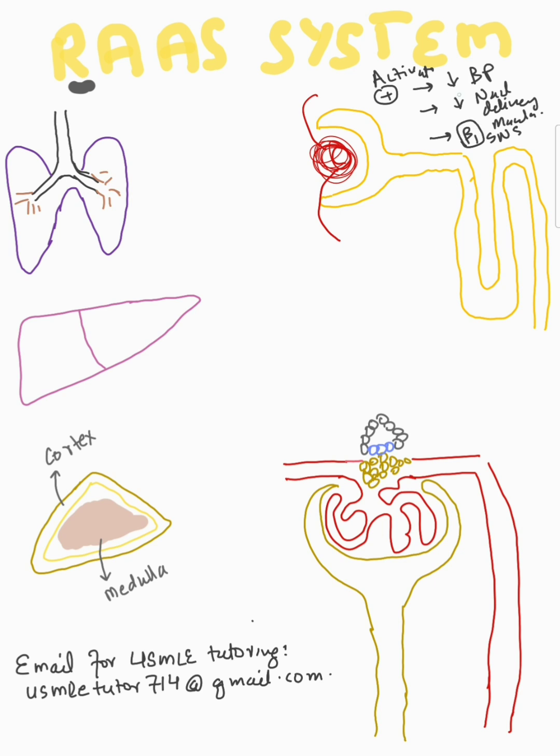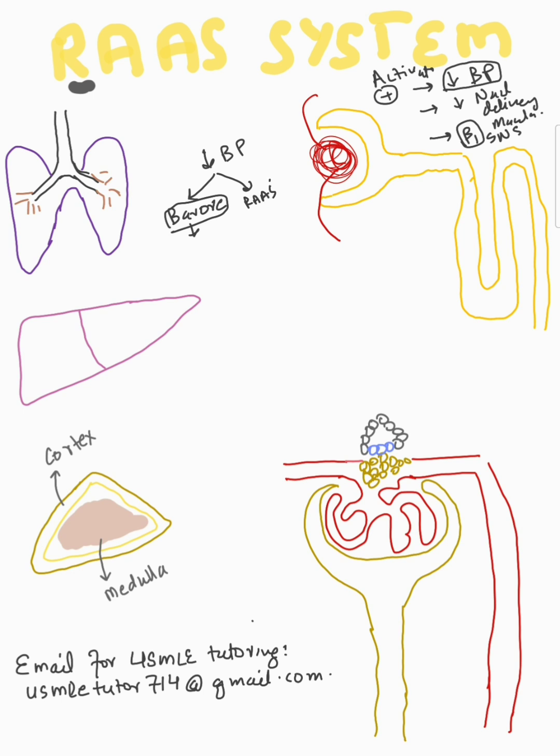Now once you have a low blood pressure, obviously you want the blood pressure to be elevated. So remember, when you have decreased blood pressure, two systems get activated. One is the baroreceptors. They respond very rapidly. If they ask which one responds faster, it is the baroreceptor system. Second, we have the RAAS system.